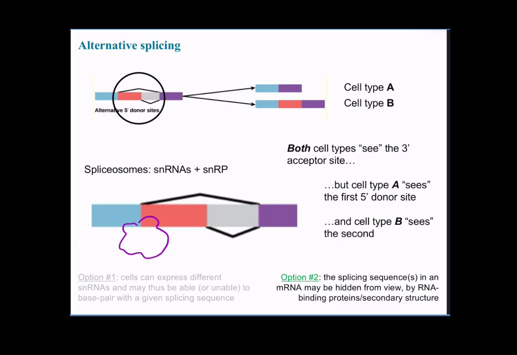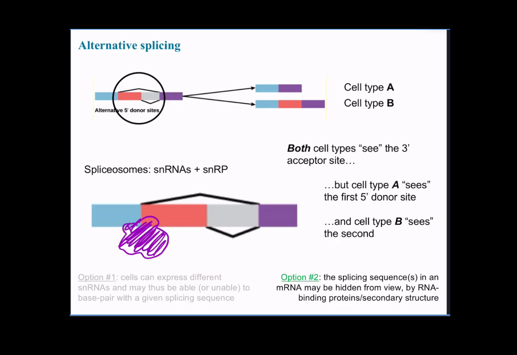Now, why a given RNA molecule may form a hairpin in one donor site, not the other, and vice versa in the other cell type, well, that again depends on what else is going on with that RNA molecule. So, for instance, the presence of an RNA binding protein here might prevent the formation of a hairpin right after it. Because for these hairpins to form, they need to have full access to the RNA sequence, right?